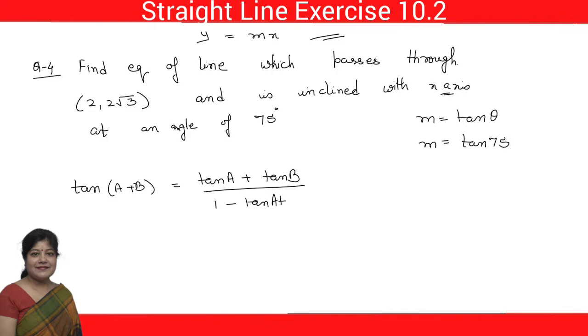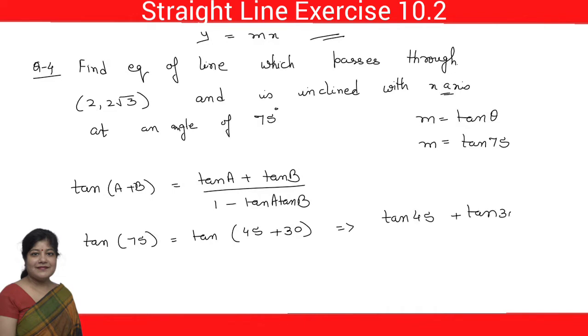So now we can write tan 75 as tan of 45 plus 30. So it can be written as tan 45 plus tan 30 over 1 minus tan 45 tan 30.